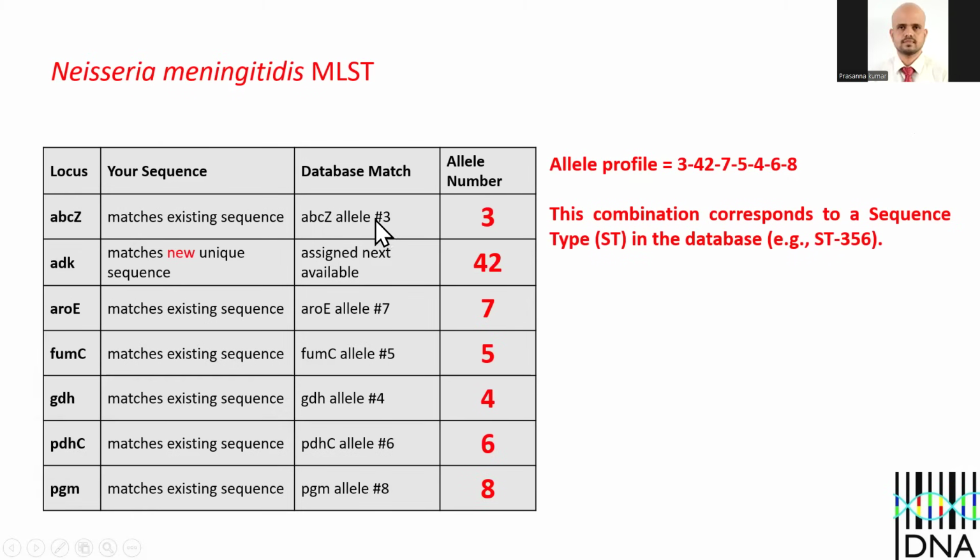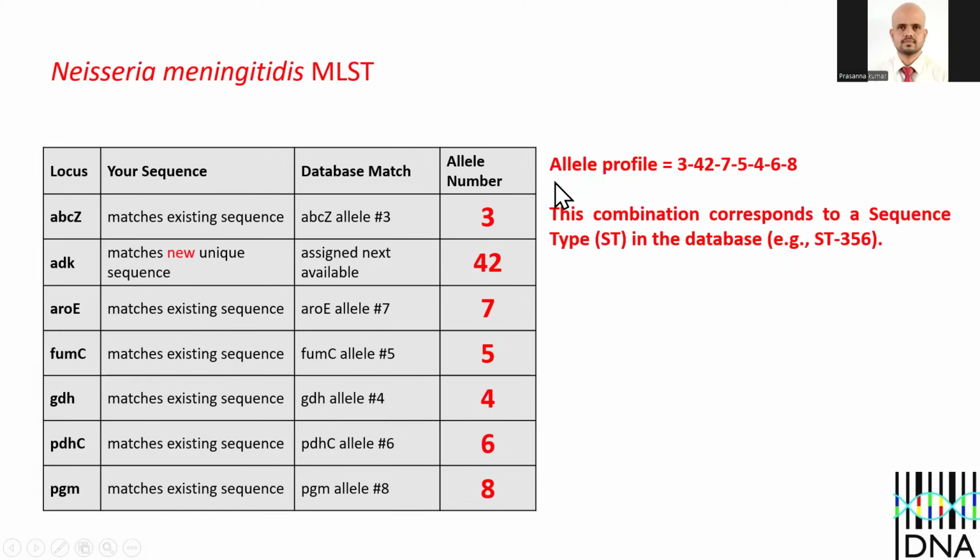Here it is perfectly matched with allele 3. When I say perfectly matched, it is 100% matching. If it matches only 99.5% and only one nucleotide is variable, then I will give a new allele number for my sequence, which is 8, because only 7 sequences are present in NCBI, so now it is 8. Likewise, here it is given as 42.